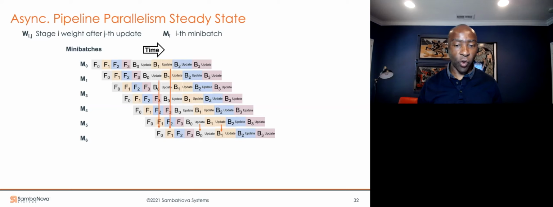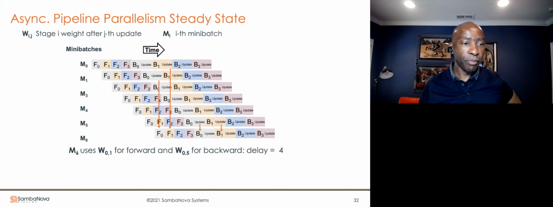And so the problem is, of course, that we've got these updates that happen in an asynchronous manner, right? So for instance, if we look at mini batch 6, it gets some of its weight updates from M1 for stage F0, and the backward stage gets its update from mini batch 5, right?